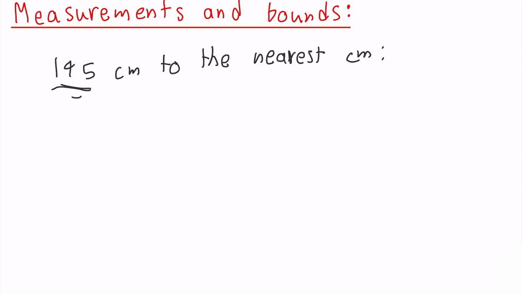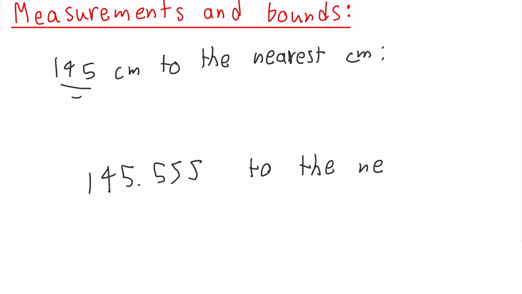Another time they might give you 145.555, and you could easily know that it's rounded to the nearest 0.001.